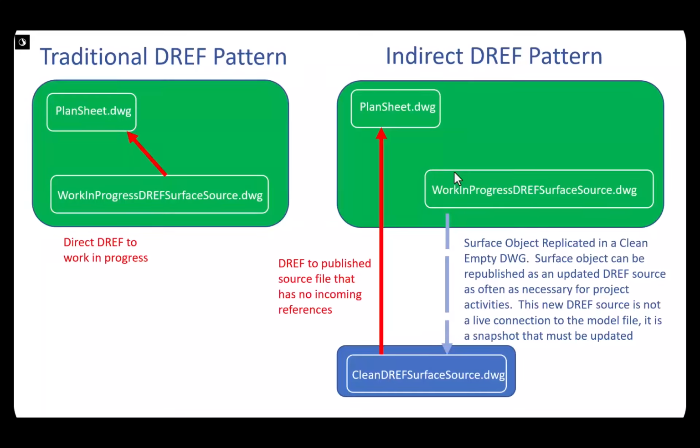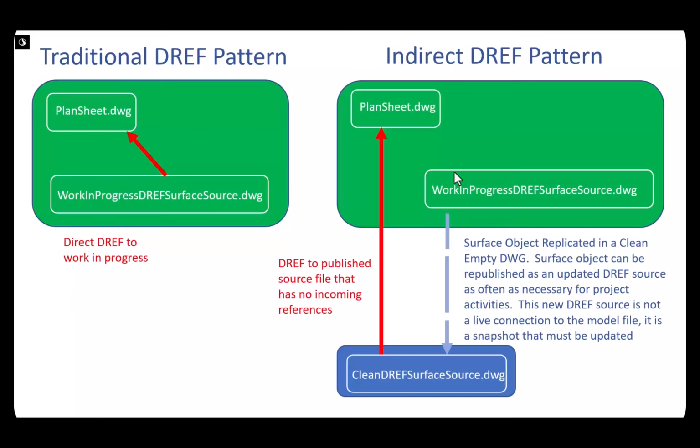So for some types of references, it potentially could create efficiencies, just from the idea of separating the reference from work in progress. A proposed work surface, for example, or a corridor surface. If we were going to reference a corridor surface, it has a lot of content in its source file. It's got corridors, for sure. It may have other types of references coming in, like existing ground. And if we're just trying to reference the proposed work surface, all that other content in that file becomes baggage.